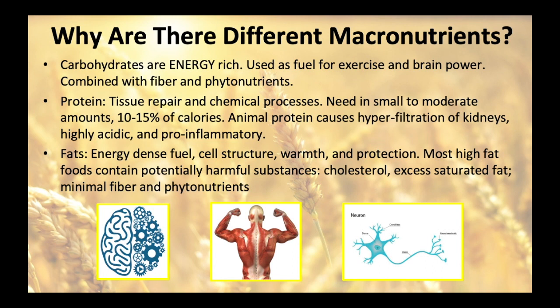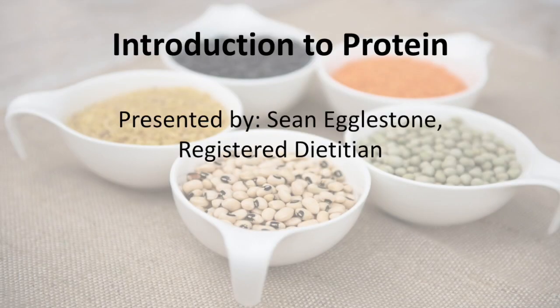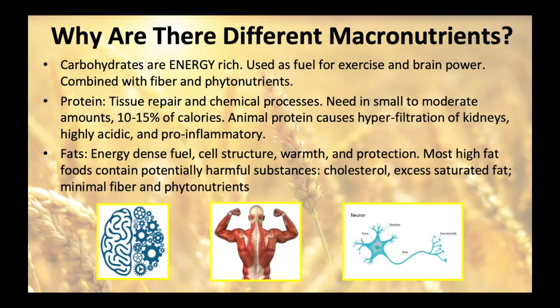Now, animal protein comes packaged with things like cholesterol, saturated fat, and heme iron, and it can be highly acidic and inflammatory. If you want to learn more about plant versus animal proteins and their effect on our health, I highly recommend you check out my protein presentation that accompanies this.